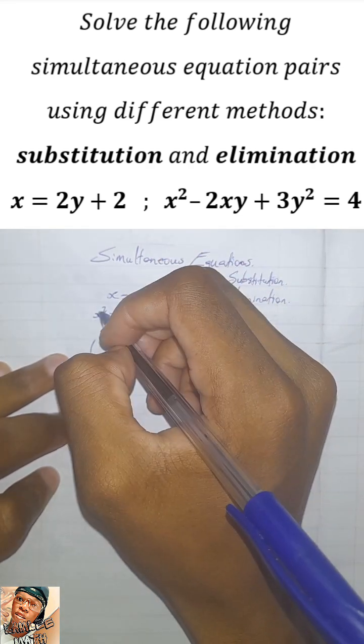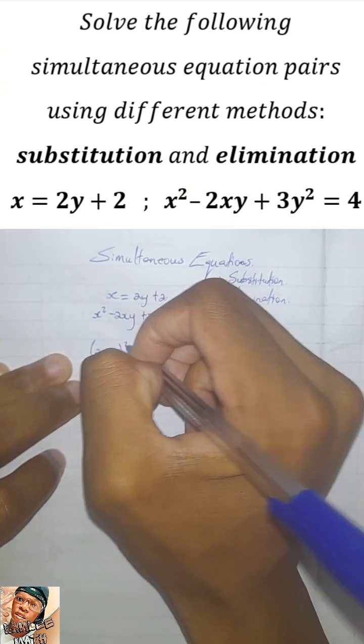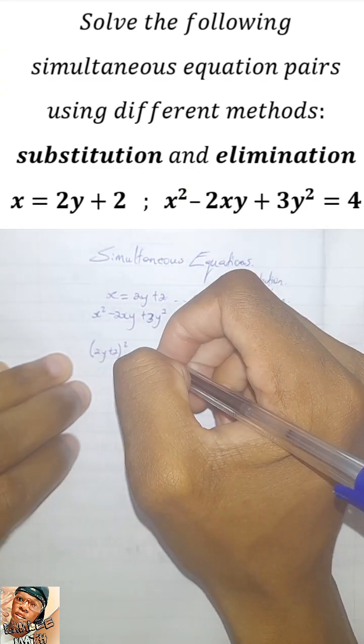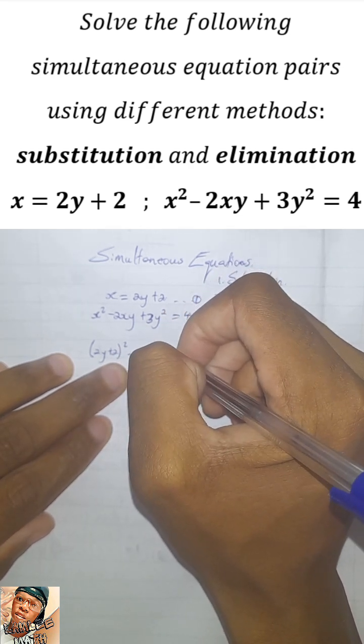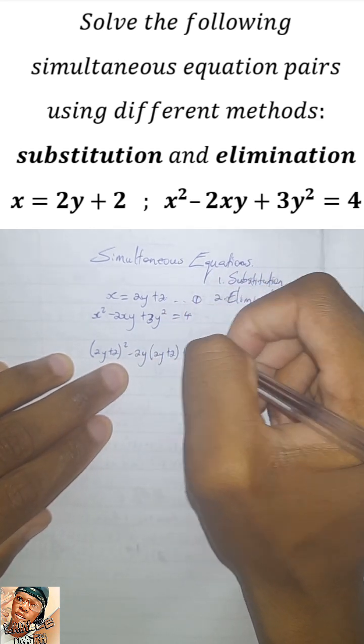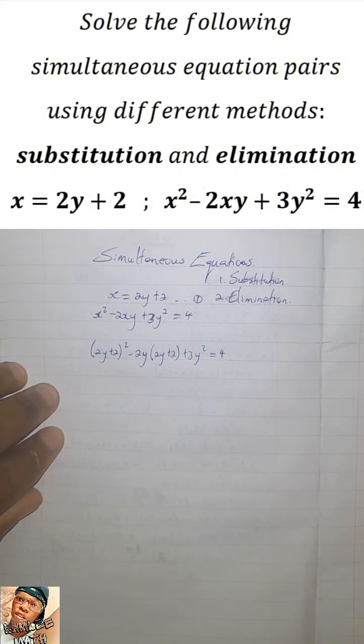So x squared becomes 2y plus 2, squared, minus 2y, wherever we see x we put 2y plus 2, then plus 3y squared is equal to 4. In that way, we only have one variable to solve for, which is y in this case.